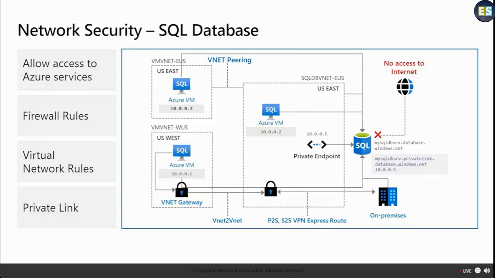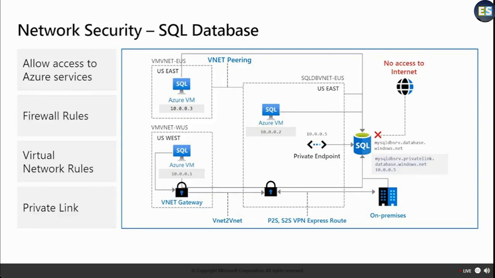Now, we can also use things like VPN gateway or ExpressRoute to connect our on-premises environment to our Azure Virtual Network. And then we can block off all the public internet access to our Azure SQL database.